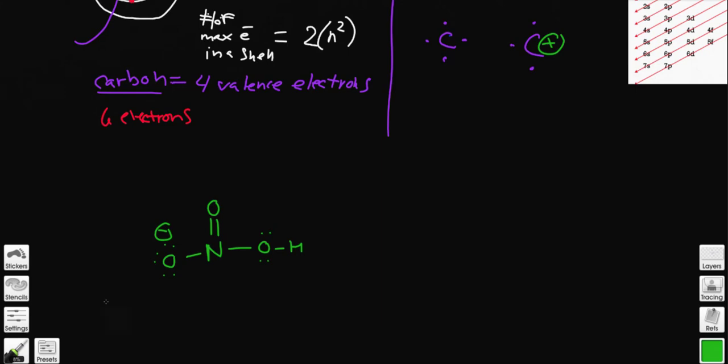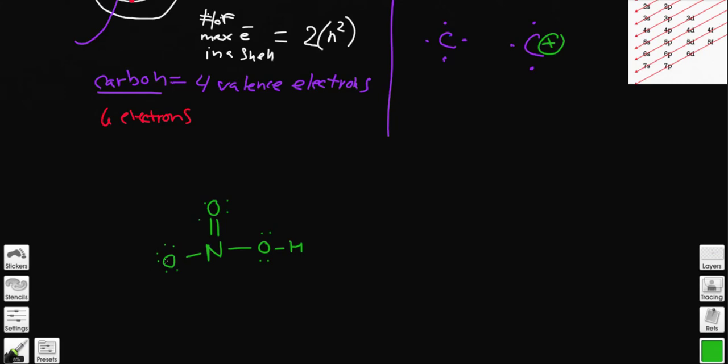Let me draw lone pairs here as well. So this is the molecule that we have. Let's predict the charge of each single atom in this molecule.